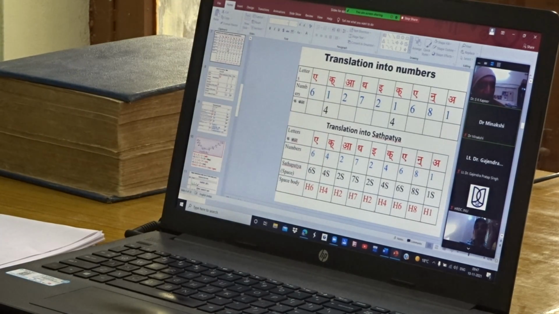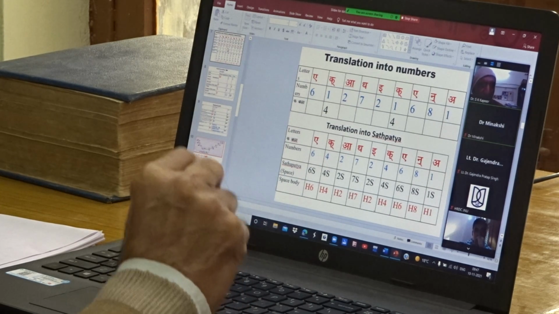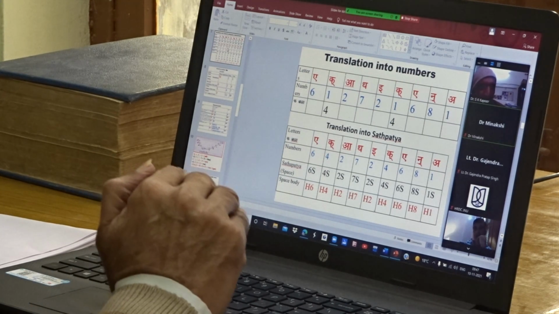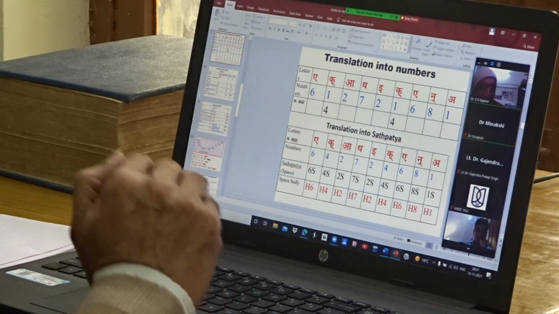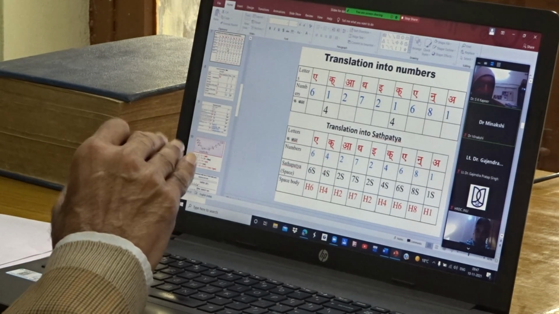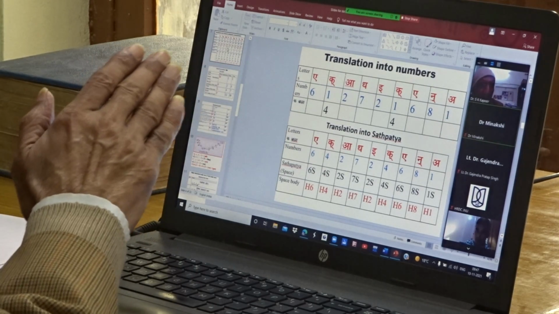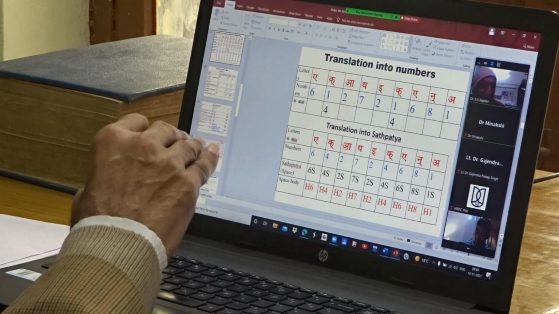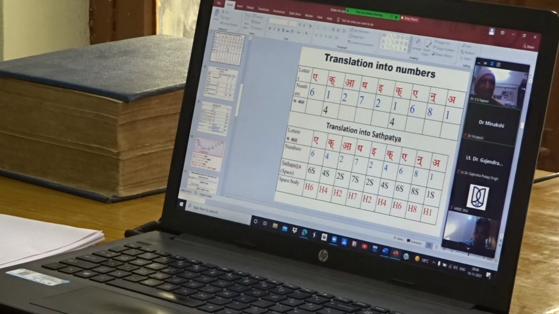The first letter A, the 6th vowel, is having 6th placement in the row of 9 vowels, and as such number value 6 gets associated with the letter A. So when we will be having a translation for the word formulation Ekadhikena into the numbers domain for the numbers values, then we will replace letter A with the number value 6, and likewise when we go to the second letter Ka, the first consonant, it will get associated with number value 1, and like that we will be having a reach.